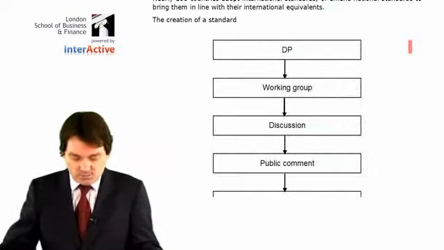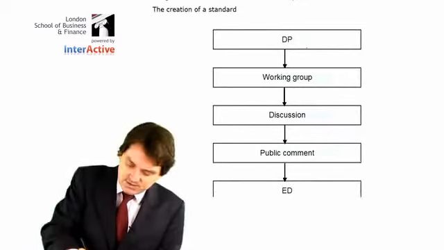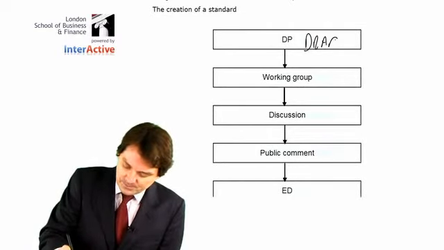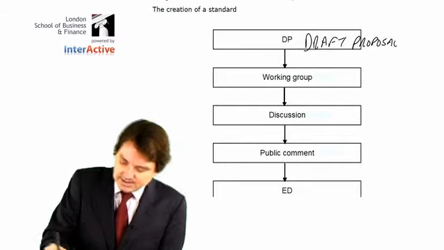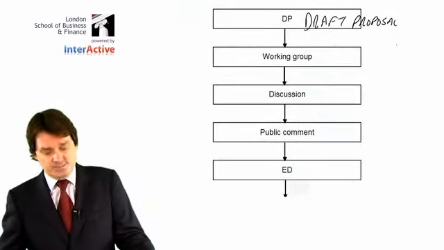So the idea is things come along and the accountancy profession says we need to agree on how everybody's going to treat them. And that's where the International Accounting Standards Board get involved. So, the kind of things that they do, they will draw up a draft proposal. Let us look at loyalty schemes.